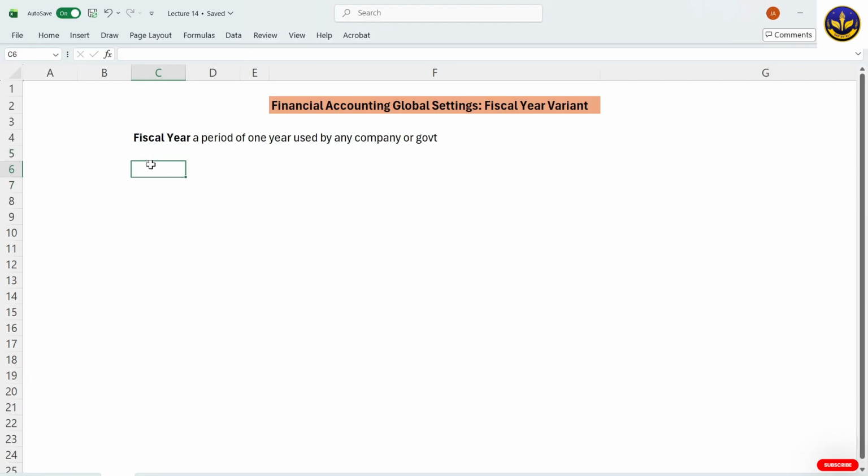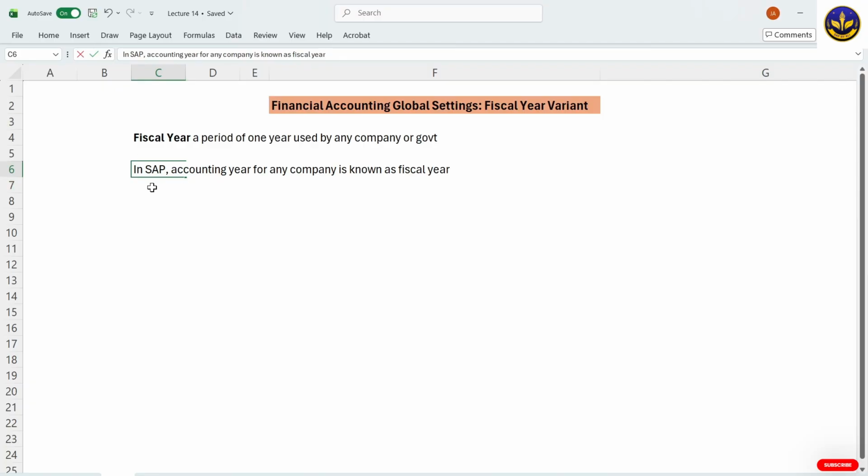Next, if you see in SAP, the accounting year of any company is known as the fiscal year. Let me write it in SAP. Accounting year for any company is known as fiscal year.